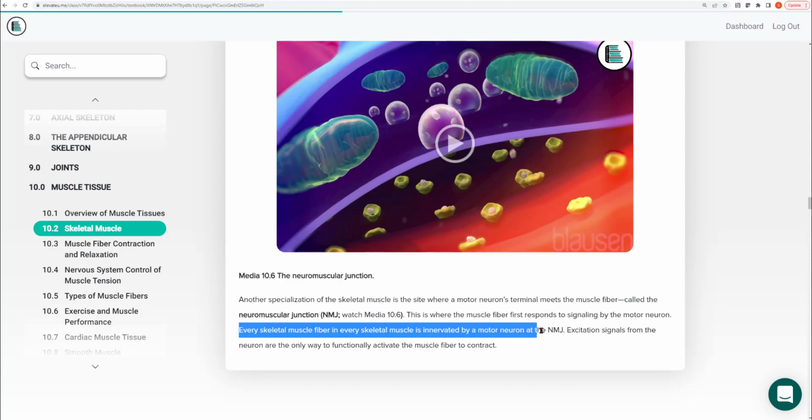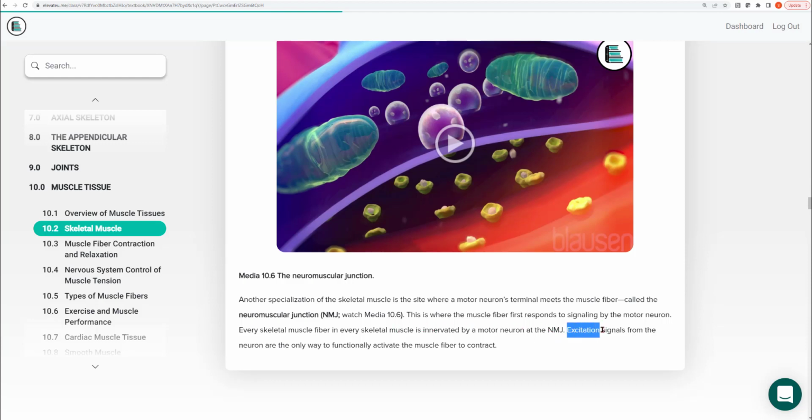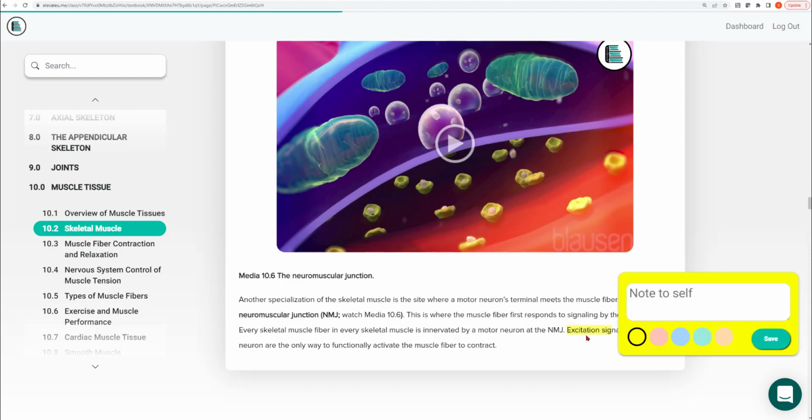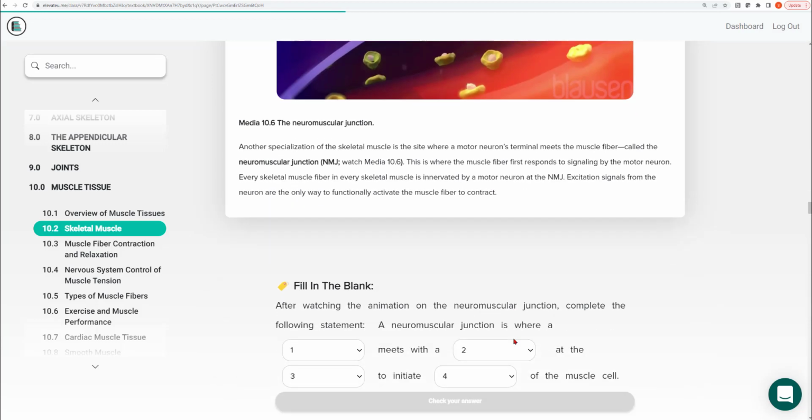That's a nerve cell at the neuromuscular junction. When your nerves send an electrical signal, the muscle gets excited. And when muscles get excited, they contract. Okay, so that's sort of just a basic overview of skeletal muscle, and we are not going beyond this.